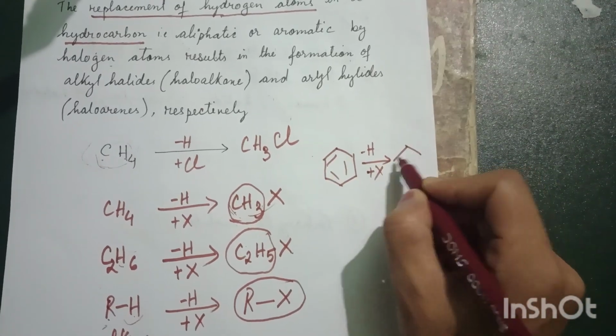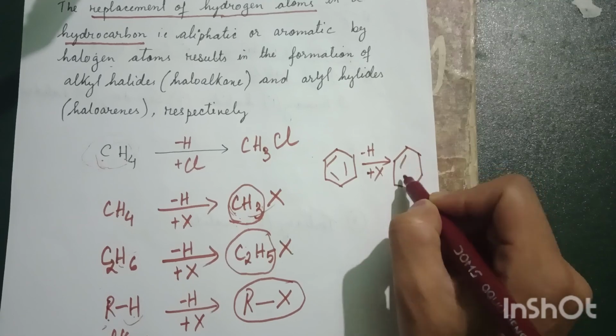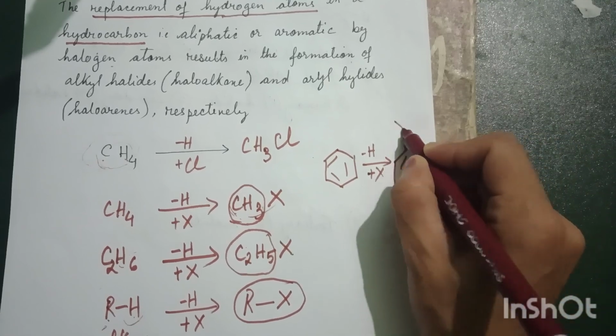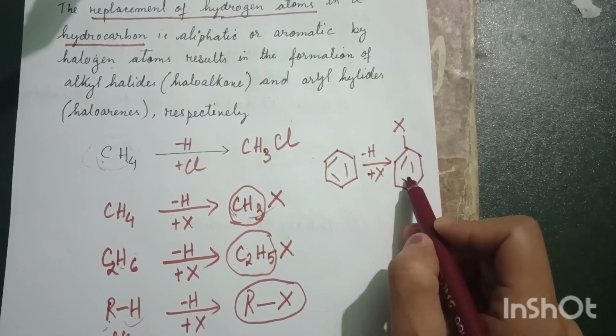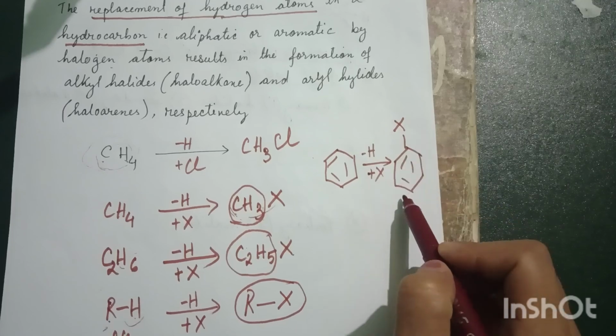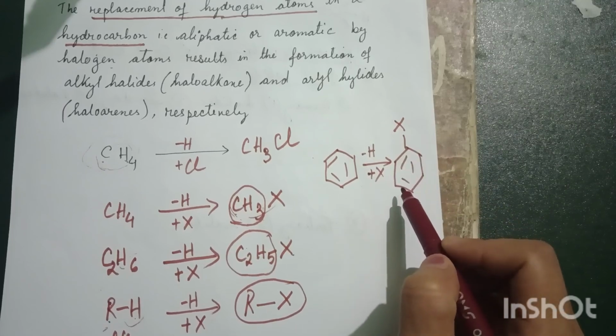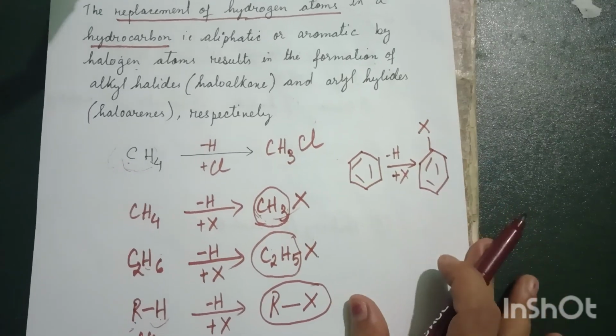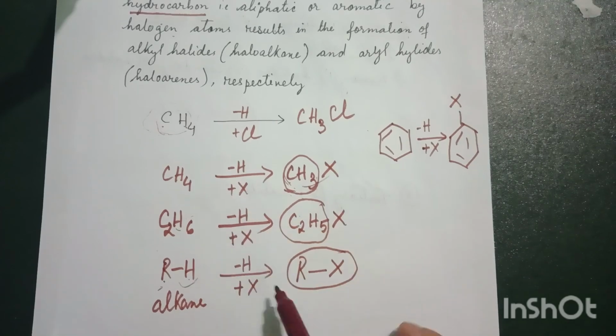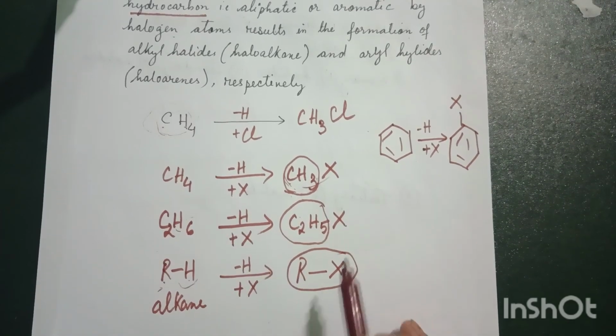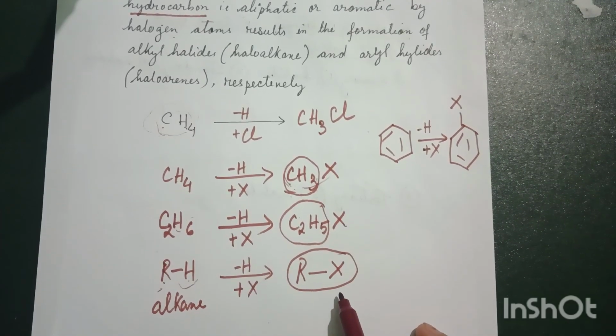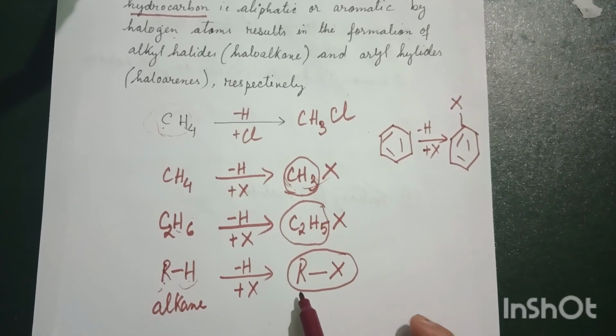We remove any one of them and replace it by X. This is called haloarene. Haloalkane can also be called alkyl halide. Alkyl halide is the common name, and haloalkane is the IUPAC name.